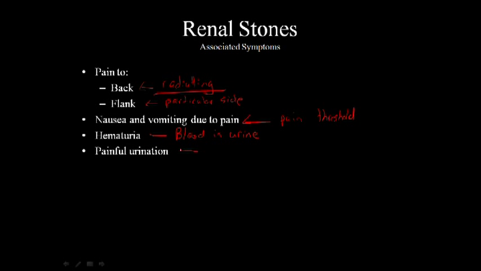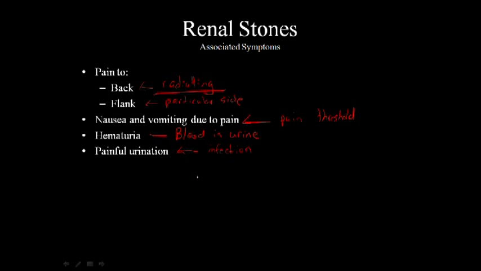But this is kind of a misnomer, because this can be construed as a renal infection as well, or a cystitis. There are several different infections there. So this could possibly be an infection, and so this is kind of a misnomer.